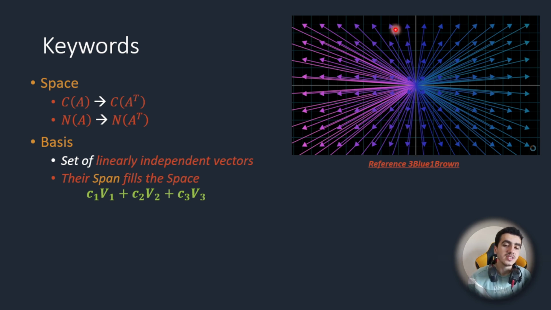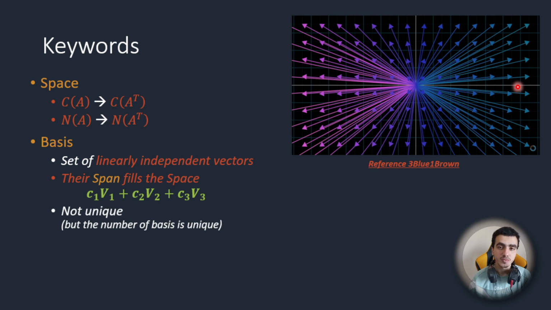You can see the x-axis and the y-axis can be the basis of this space, but these are not necessarily the only basis, because the bases don't have to be unique. We can take any other two vectors here, and they don't have to be orthogonal.